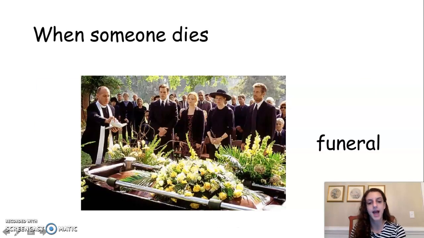And now the last family event in someone's life is when someone dies. This is a funeral. Everyone comes together to remember the life of the person who died.